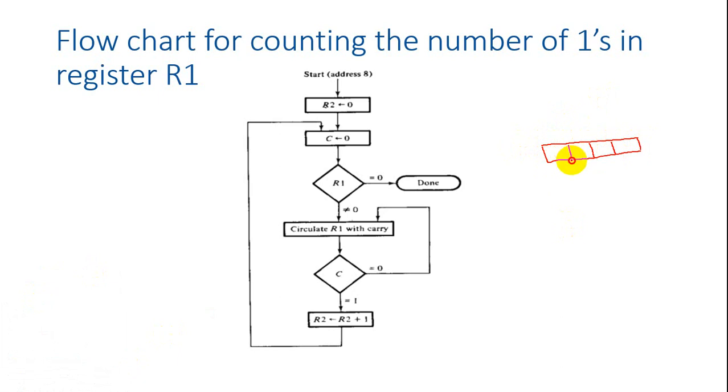For example, this is 4 bit, and this is the carry bit. Initialize the carry bit with 0. When you take this bit over here, if it is 1, then 1 will come over here, and this 0 will come to this bit position.